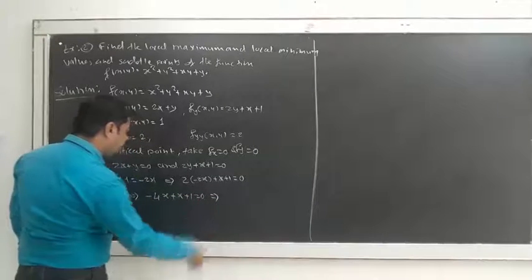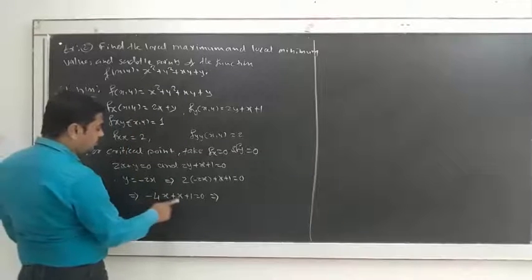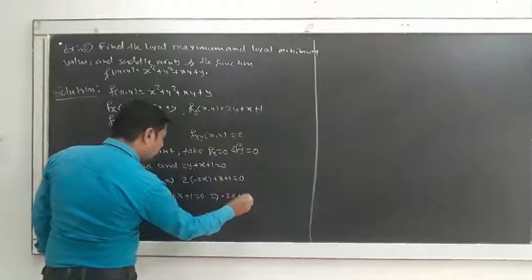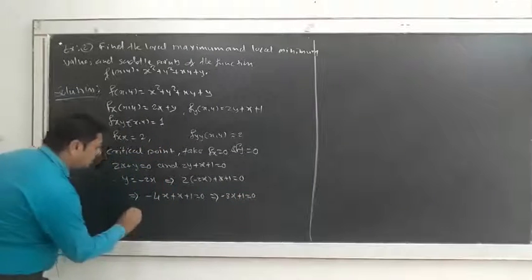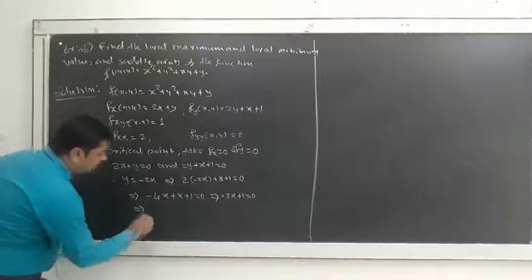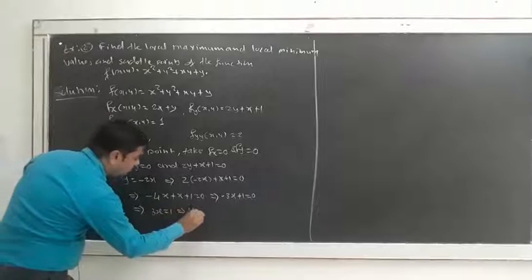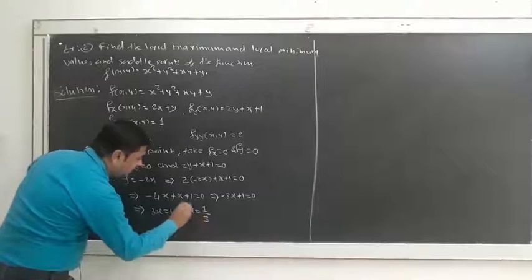From this we get minus 3x plus 1 is equal to 0, and you can write 3x is equal to 1, and therefore x is equal to 1 by 3.